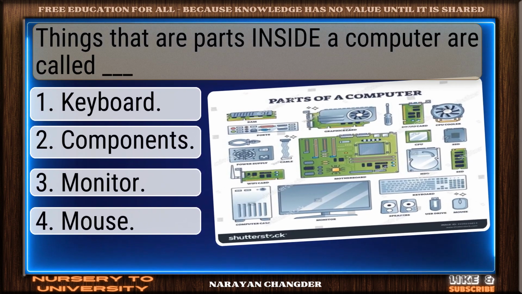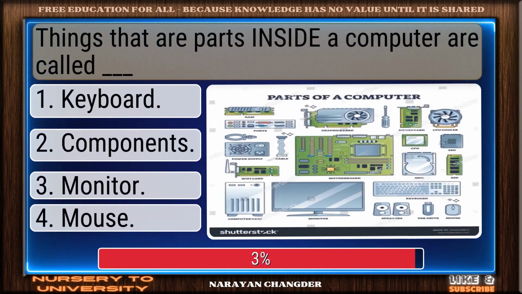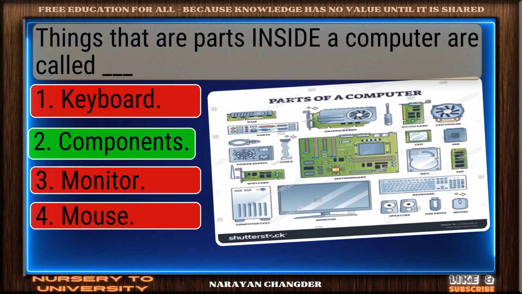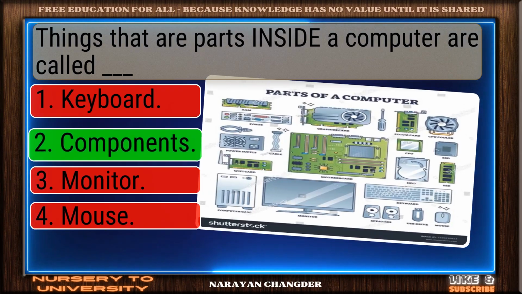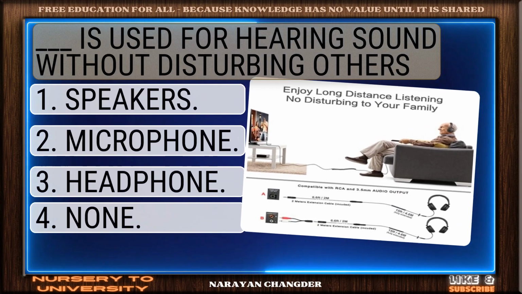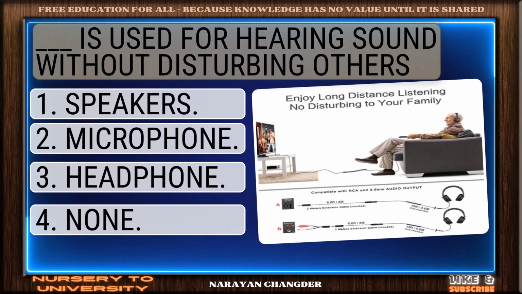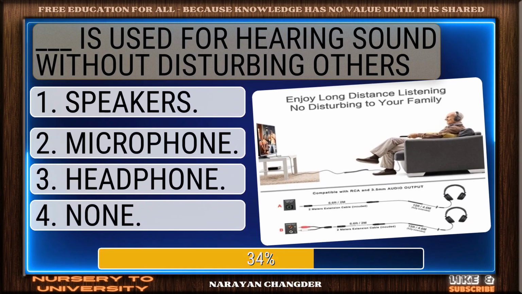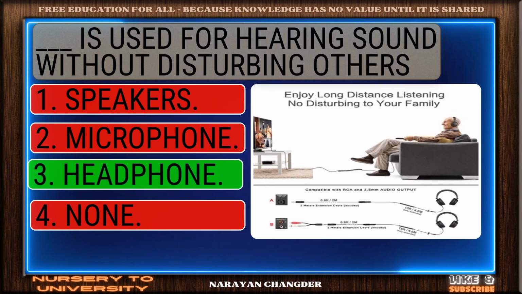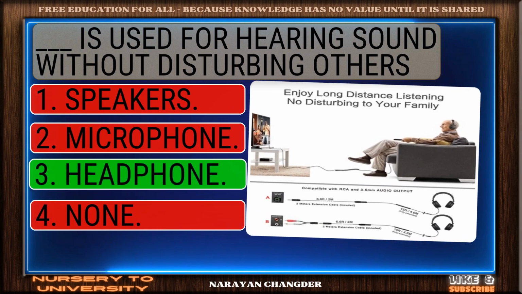Things that are parts inside a computer are called dash. Excellent choice. Components is the right answer. Dash is used for hearing sound without disturbing others. You got it. Your choice headphone is right.